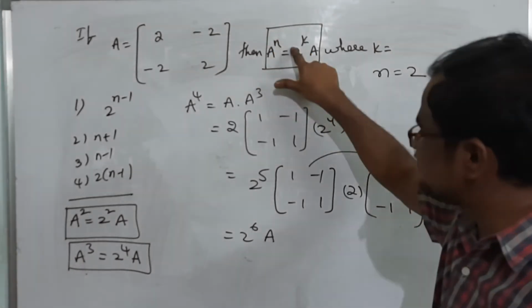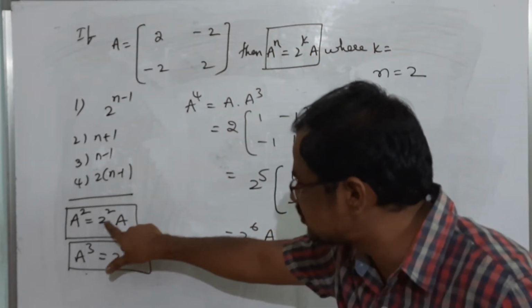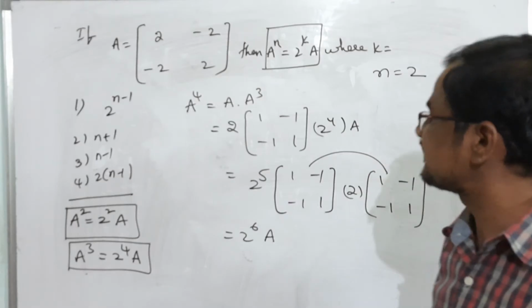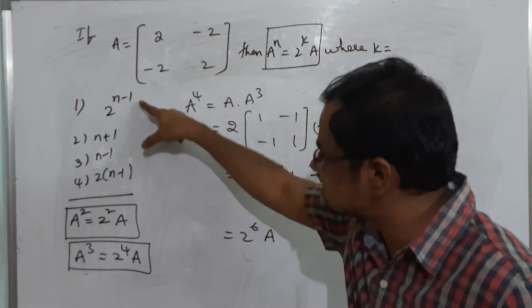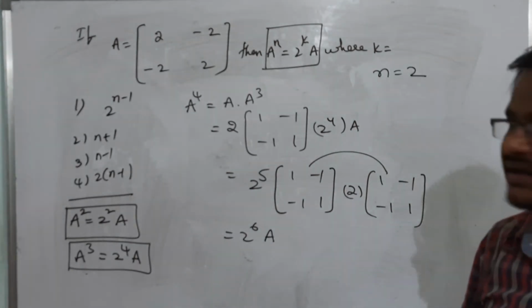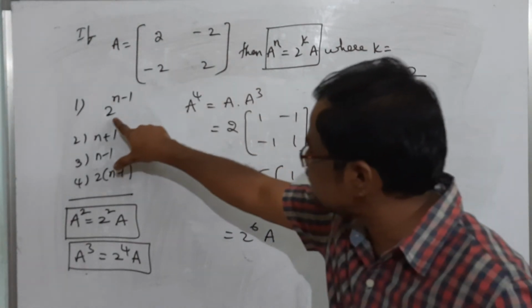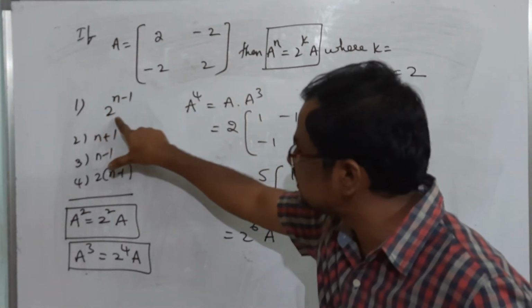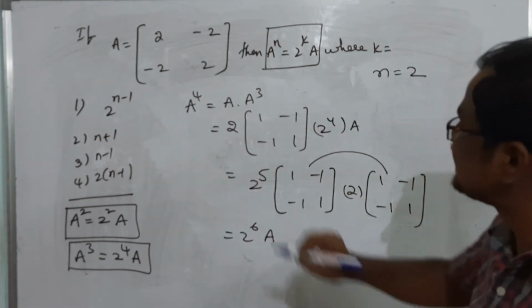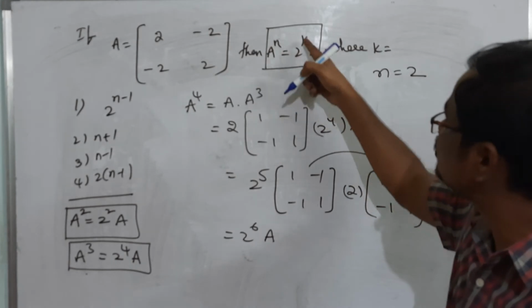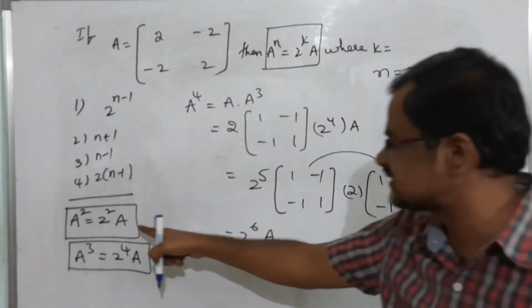Now a square means what should get? Right side 2 square into a, then this is the answer. Now k equal to what are they asking? K equal to, in these 4, any one of the correct answer. So n equal to 2, if you substitute 2 to the power of 2 minus 1, 2. So 2 minus 1. So what will get? K equal to 2. If you substitute 2 square into a, satisfied or not?